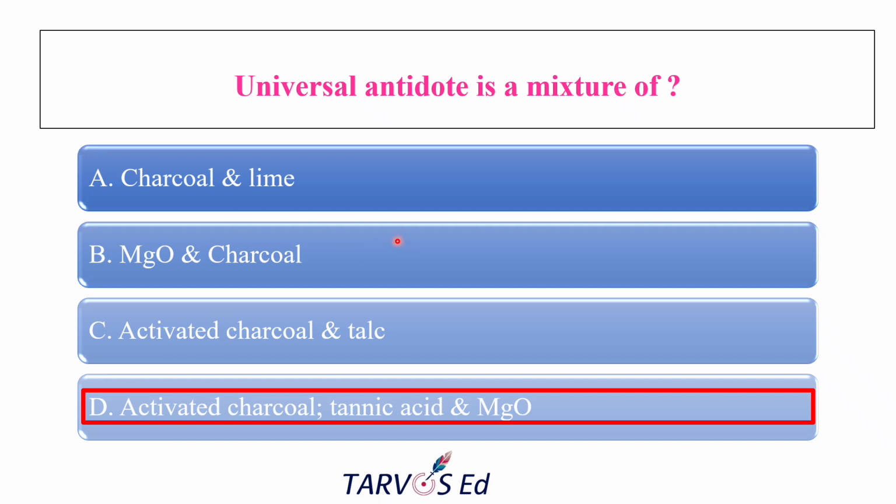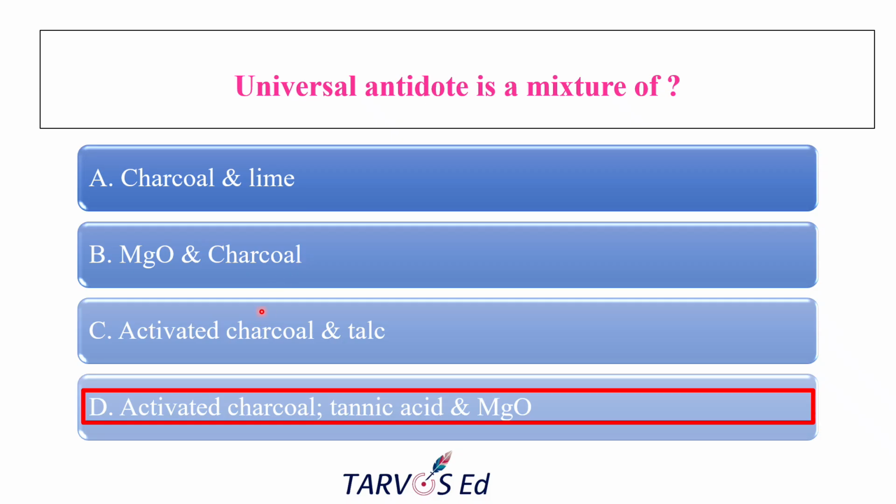So the antidote should absorb the organic pesticides, neutralize the acids, and it should precipitate the alkaloid. So if the antidote has these three principal effects, then only it can be recommended. But here, tannic acid is missed, so it doesn't precipitate the alkaloid. So this is not a universal one.